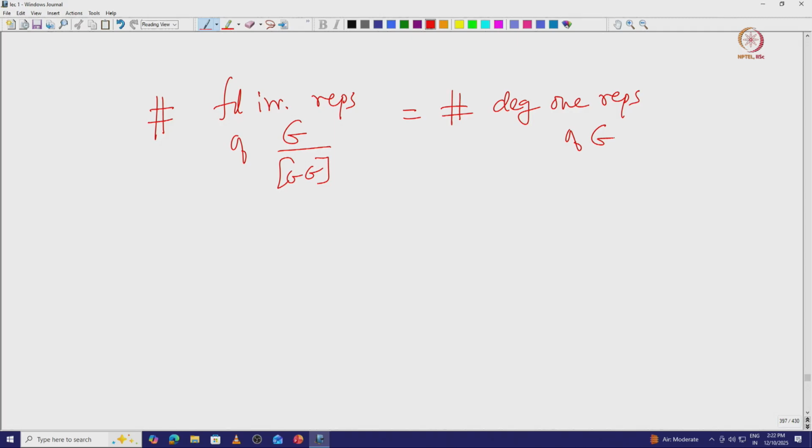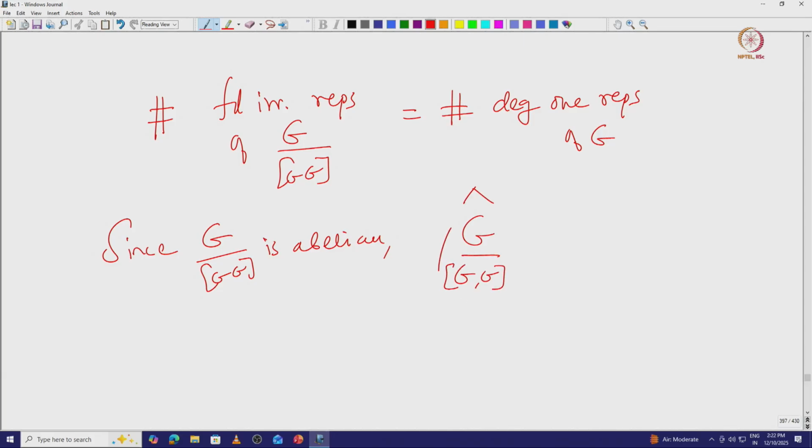Now, we already know that since G modulo bracket GG is abelian, the hat of this quotient is going to be isomorphic to G modulo bracket GG. If you think about it, this is the dual group. The dual group actually captures all possible finite dimensional irreducible representations of this abelian group.